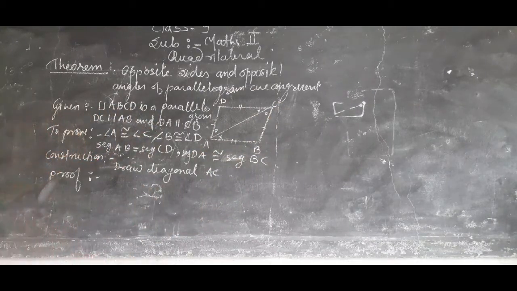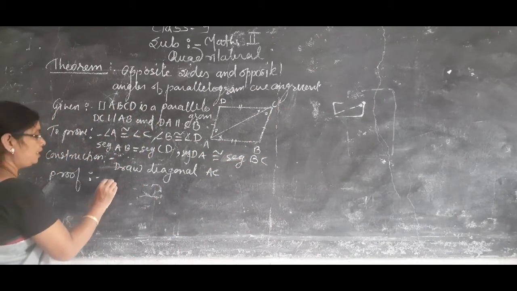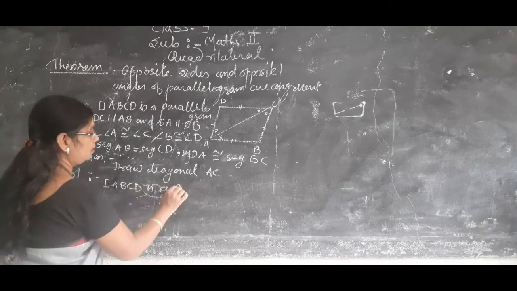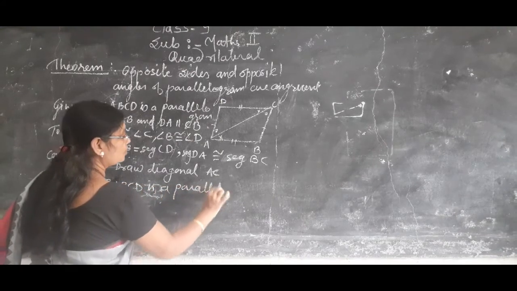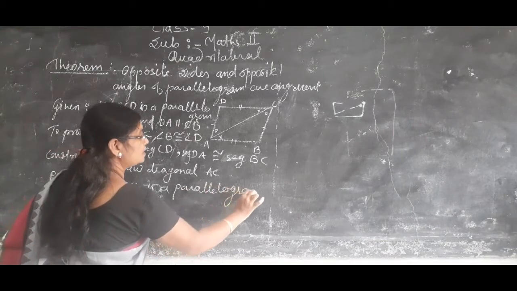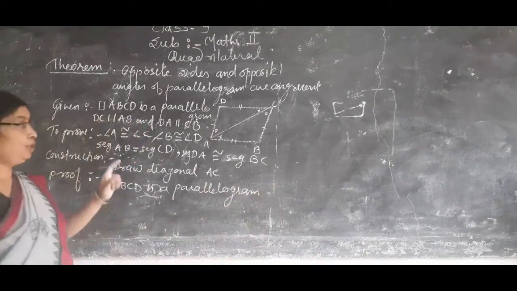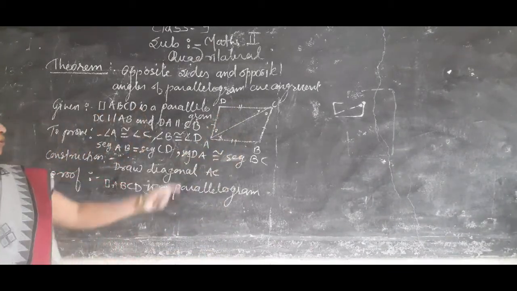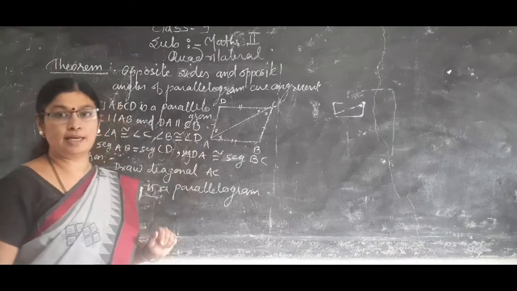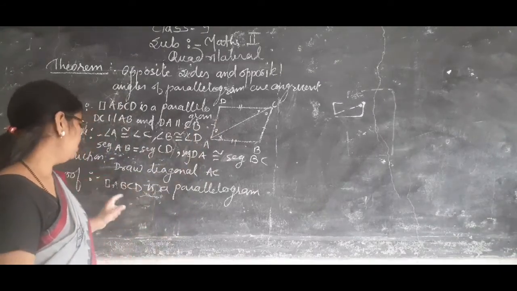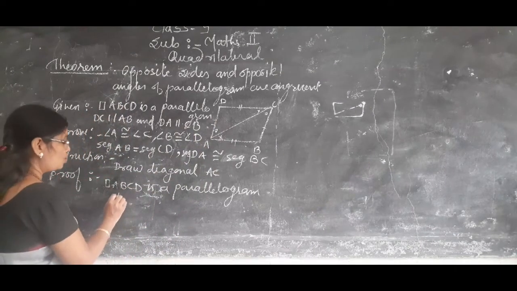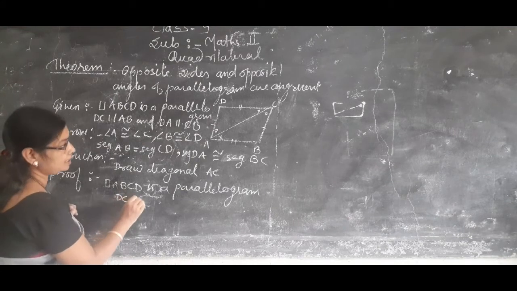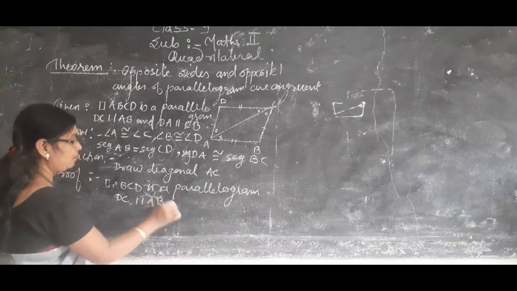Now see here, quadrilateral ABCD is a parallelogram. If the quadrilateral is a parallelogram, here you have to show that sides are congruent. Now for sides and angles to be congruent, you have to show that these two triangles are congruent by any one test. So ABCD is a parallelogram, so sides are parallel. So DC is parallel to AB.